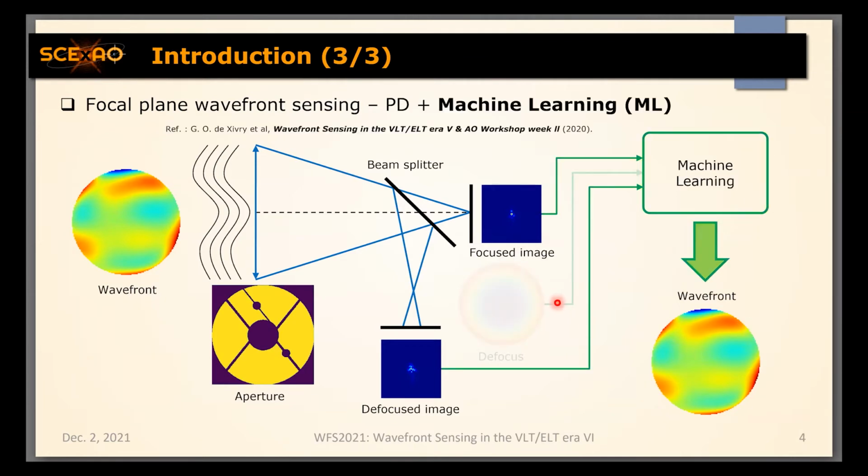So to overcome these disadvantages, I combine machine learning with phase diversity. As you can see here, you only need 2 focal plane images as an input, and then you can estimate the wavefront without a numerical model or iterations using the machine learning method.